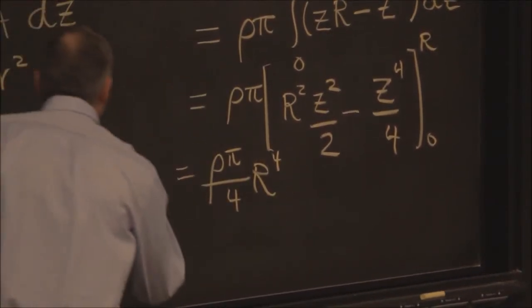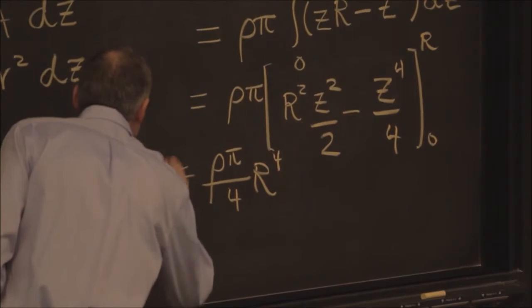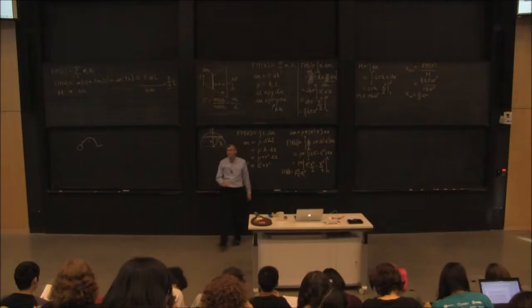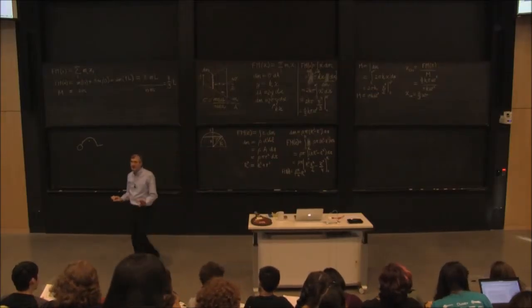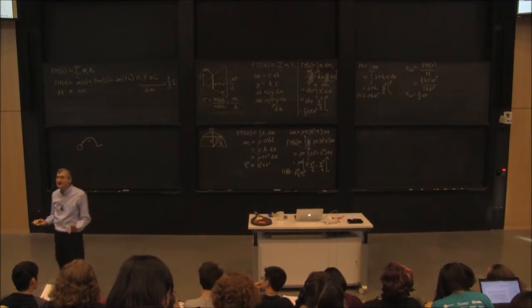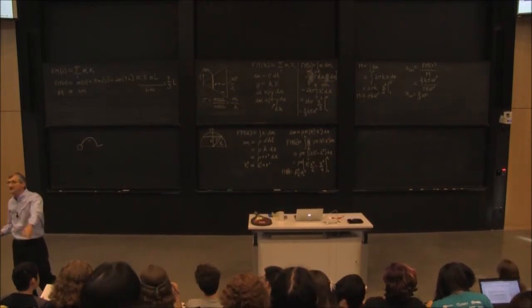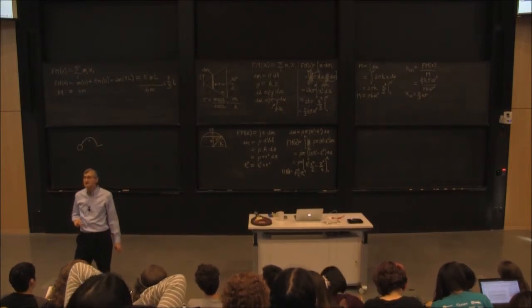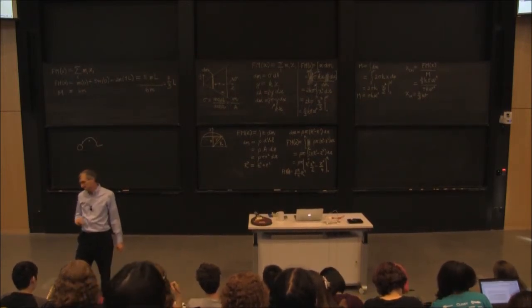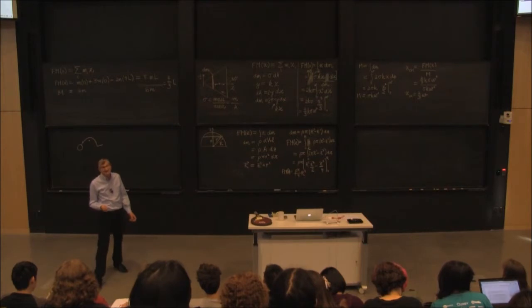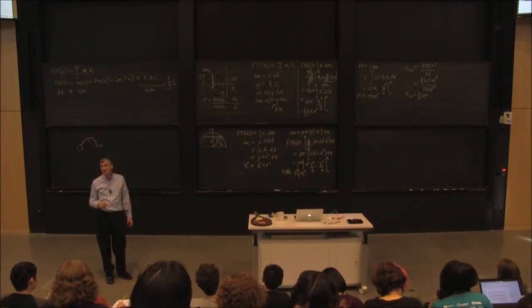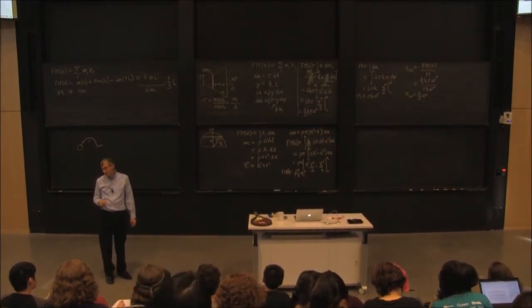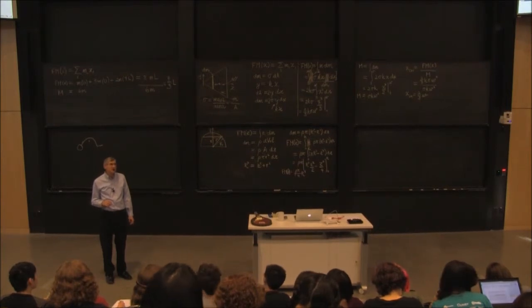Okay, now, what do I need? Does this pass the sniff test? At this point, I could have screwed it up. What am I checking again? Dimensions. Does it have satisfactory dimensions? What are the dimensions of rho?